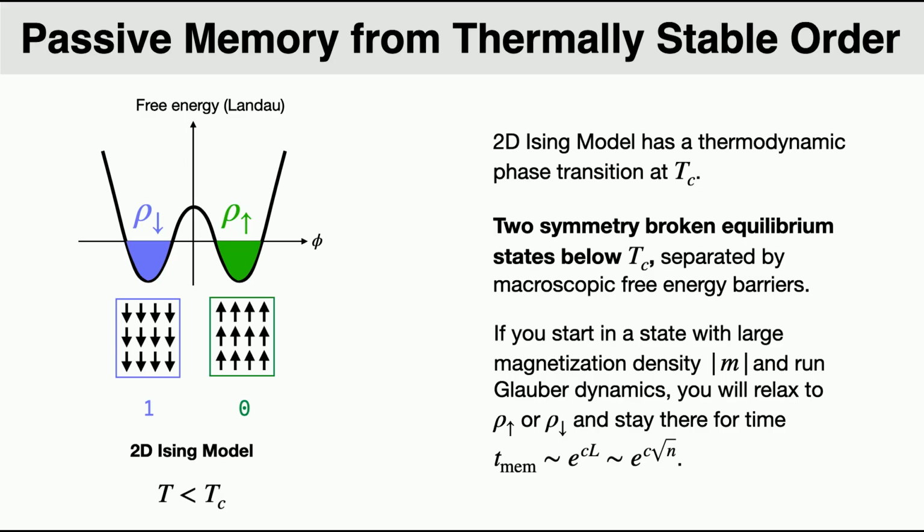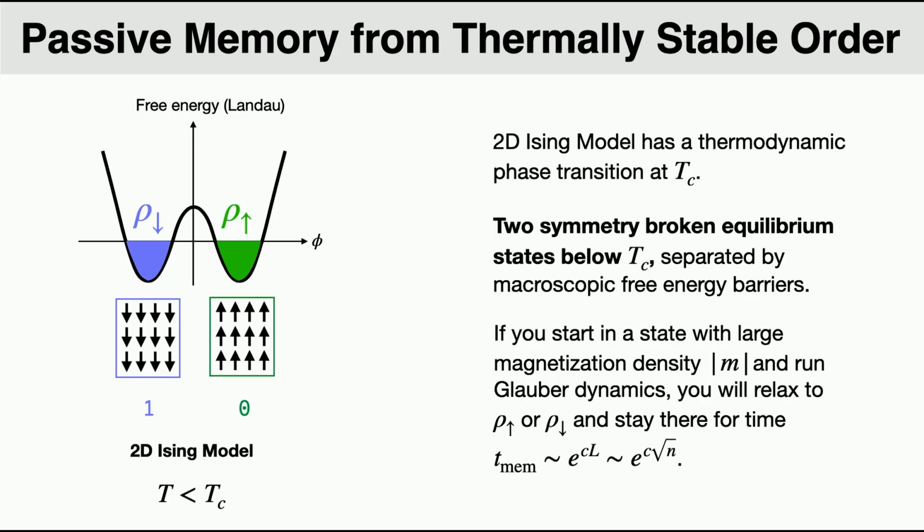Everywhere below that temperature, I have not just the all-up state, but the all-up state dressed by some thermal excitations, and the all-down state dressed by some thermal excitations. These two mixed states dressed with thermal excitations are two symmetry-broken equilibrium states, separated by some macroscopic free energy barrier.